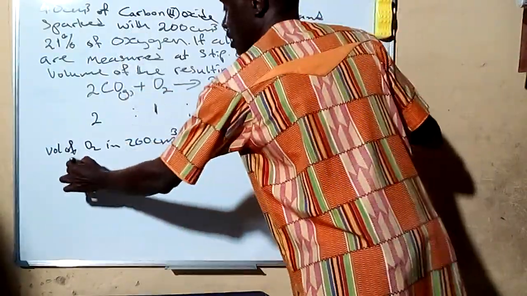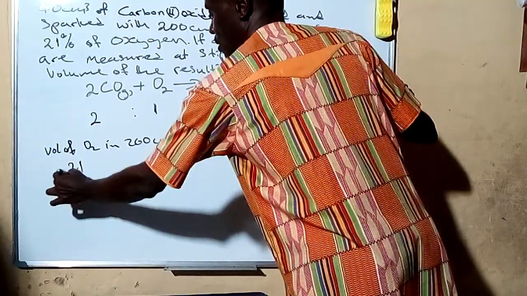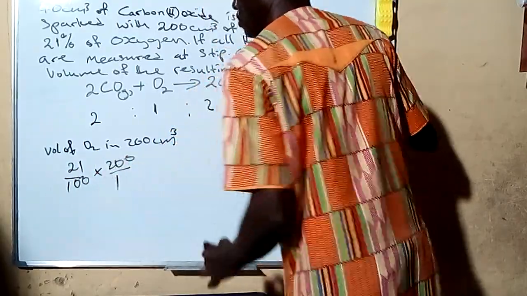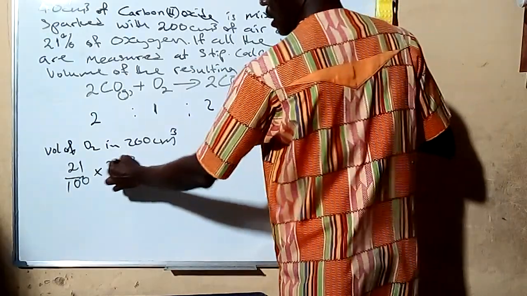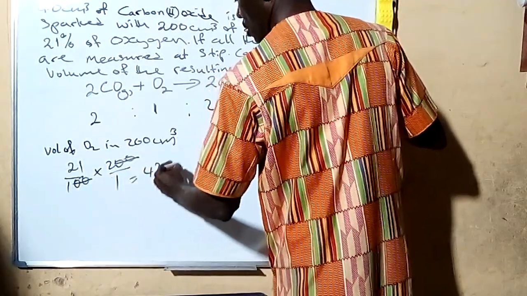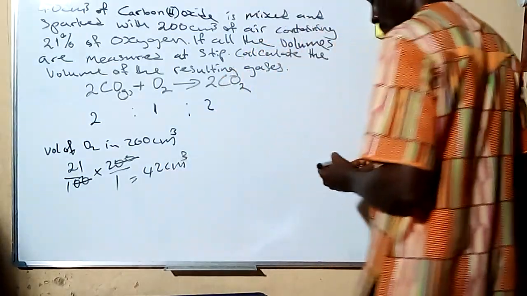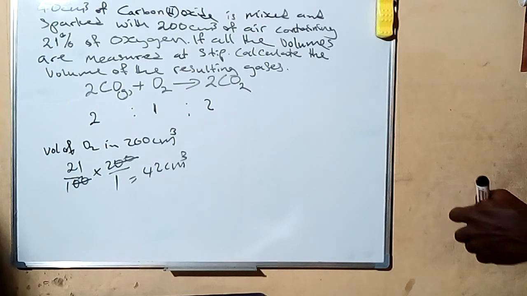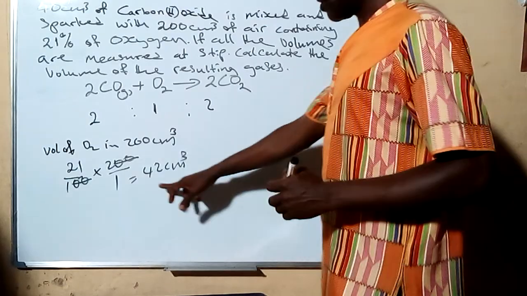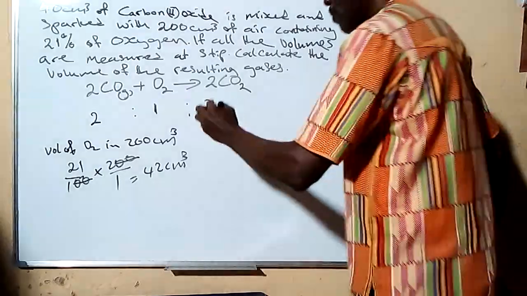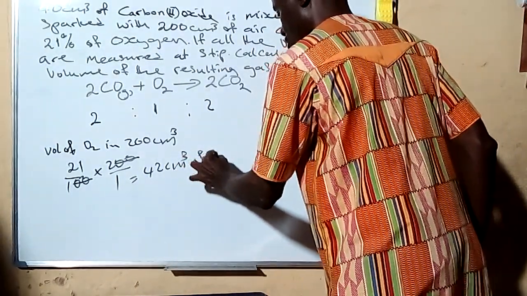So that means 21%, that means 21/100 times 200/1. This can cancel out, and we have 42 cm³. So in this 200 cm³ of air, what we have there is 42 cm³ of oxygen.